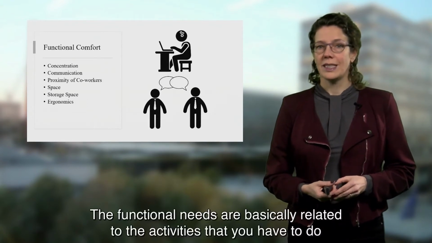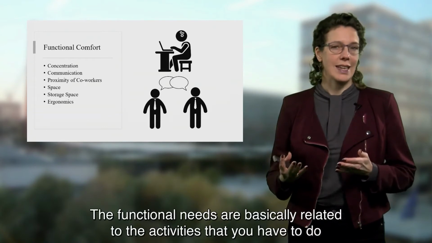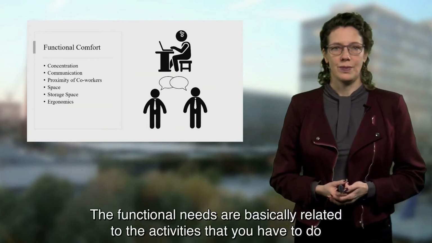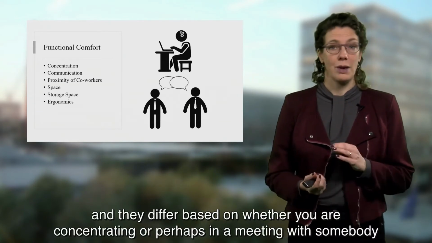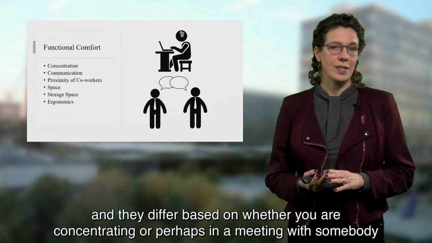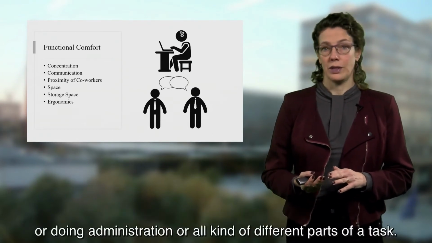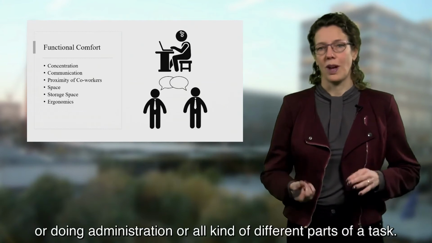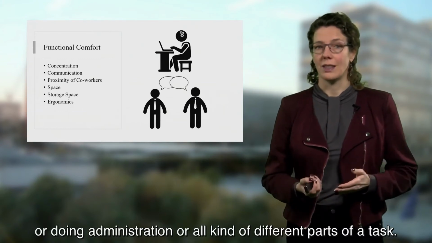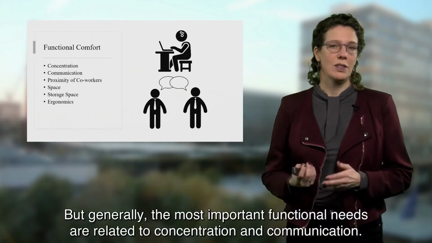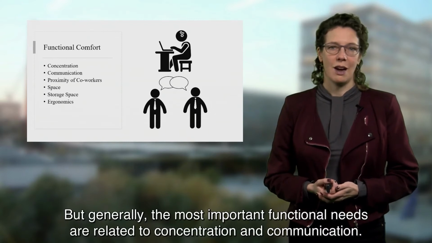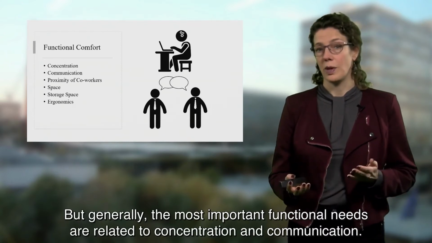The functional needs are basically related to the activities that you have to do. And they differ based on whether you are concentrating, or perhaps in a meeting with somebody, or doing administration, or all kinds of different parts of a task. But generally the most important functional needs are related to concentration and communication.